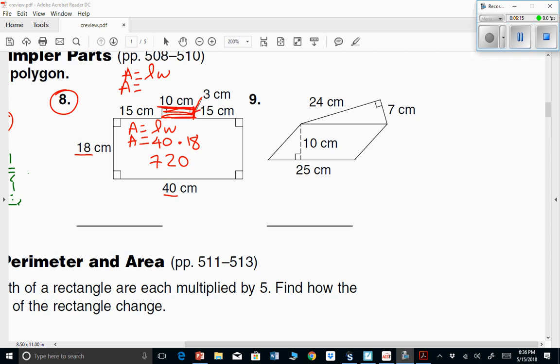So it's 10 times 3, and that equals 30. So we've got 30 and 720, and so you have to add those up. 30 plus 720 equals 750. Keep your centimeters, but because it is area, it's square centimeters.